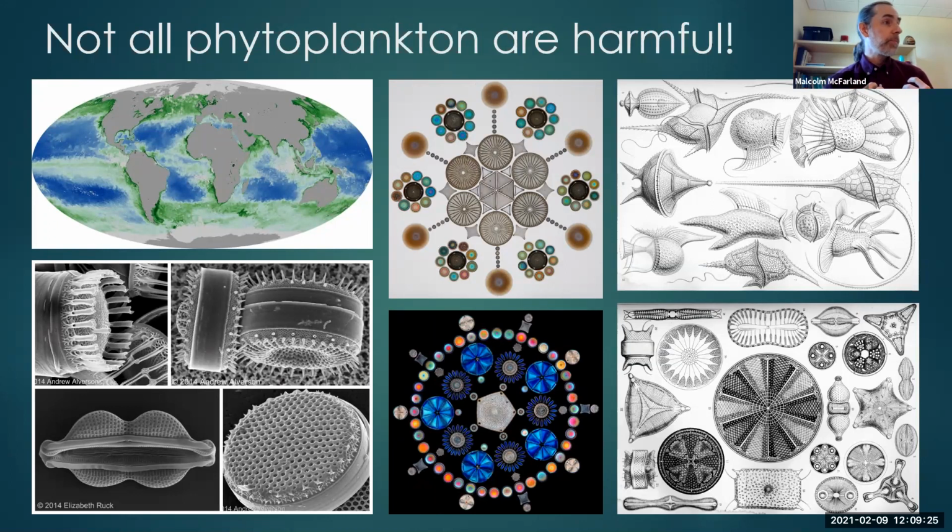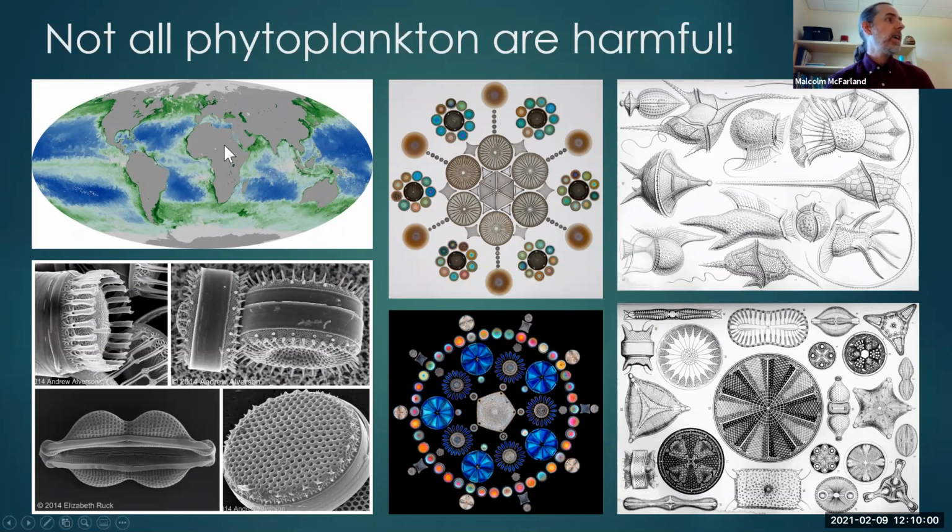Without these types of organisms, we wouldn't have zooplankton, we wouldn't have fish, and all these other higher trophic levels that are supported by these small microscopic plants, basically. So they're plants. Ecologically speaking, they fulfill that same role. They take in light from the sun and nutrients, and they do photosynthesis, and they provide us with oxygen, and they provide food for herbivores at the base of the food chain.